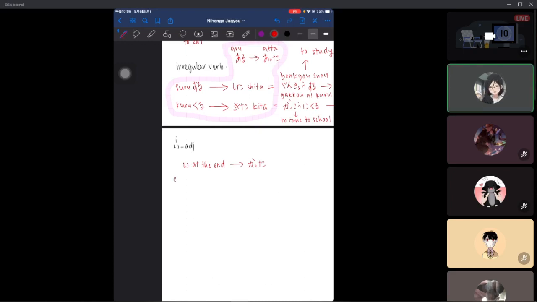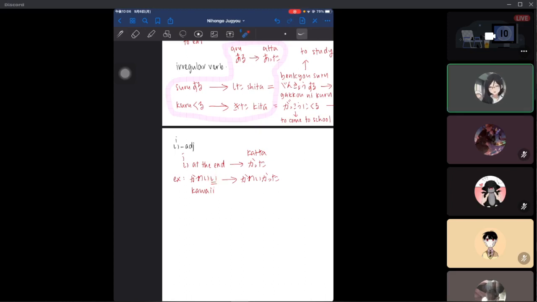For example, we have kawaii. You change it, and it will become kawaii kata. This one you have to be careful with because when spelling kawaii, there are two e here, so you only take this one.